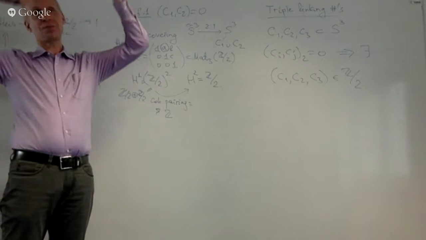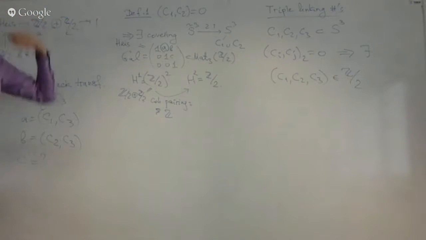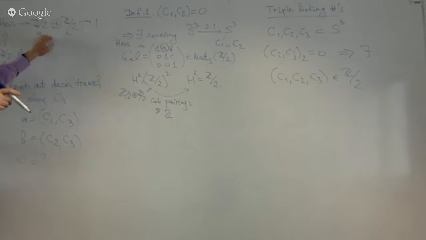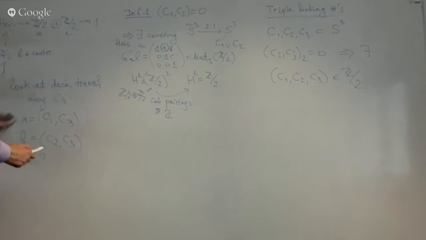This is symmetric, a covering with the group Z2 plus Z2, kind of independent. Then the A part of the transformation would be this linking number, the C part would be this, and B will be something.